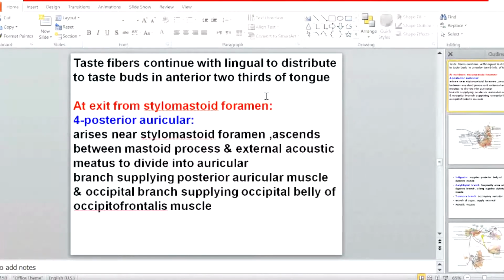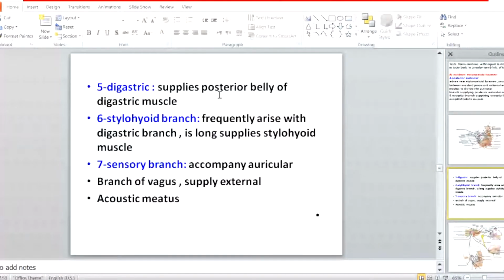It gives rise to the posterior auricular nerve, which arises near the stylomastoid foramen and ascends between the mastoid process and external acoustic meatus to divide into the auricular branch, supplying the posterior auricular muscle, and the occipital branch, supplying the occipital belly of the occipitofrontalis muscle. Next, it gives rise to the digastric branch, which supplies the posterior belly of the digastric muscle.